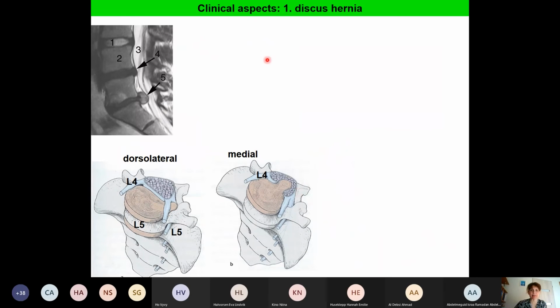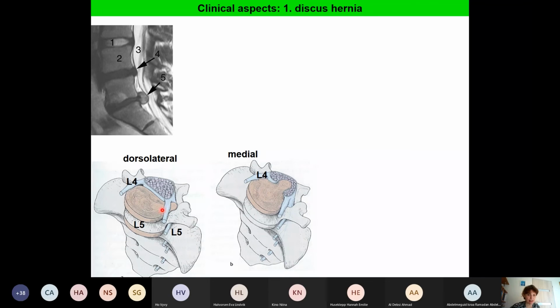So some clinical aspects I want to emphasize. The disc hernia. You have probably heard about it. It means the nucleus pulposus of the intervertebral disc protrudes through the annulus fibrosus, and it then compresses either the spinal cord or, more frequently, the spinal roots.